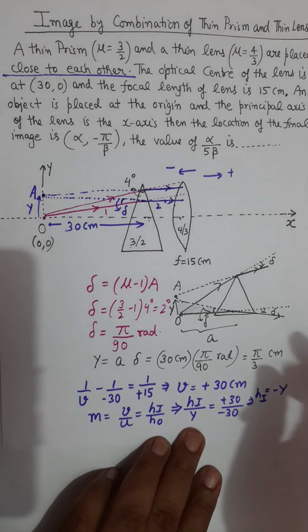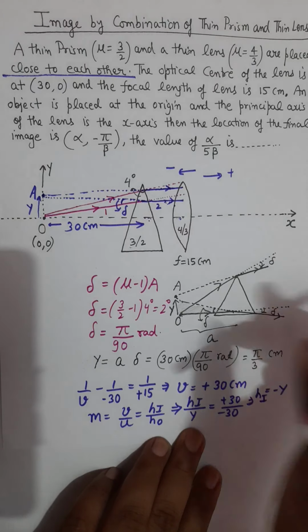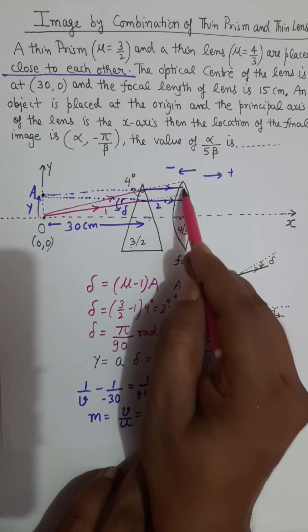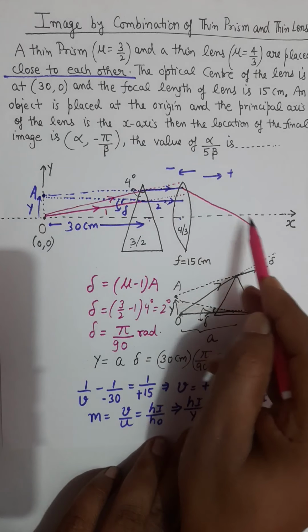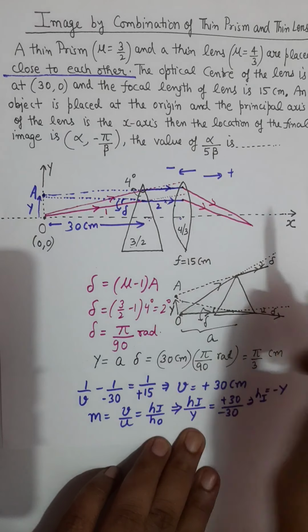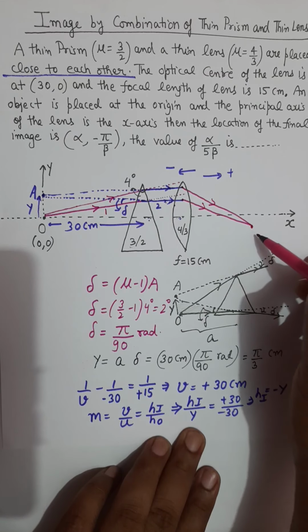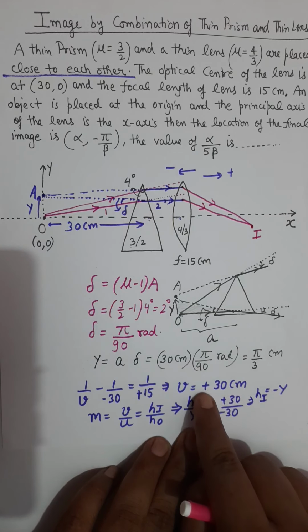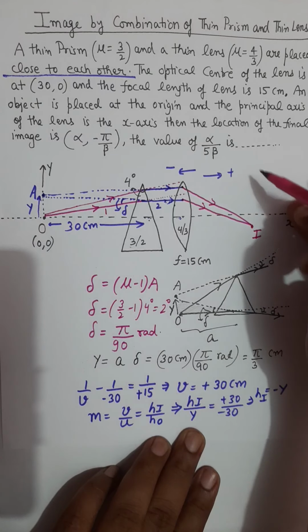So by this combination you can conclude that these two rays, after passing through this lens, will be converged at a point which is the final image, capital I, and that final image is at 30 centimeter from the lens.